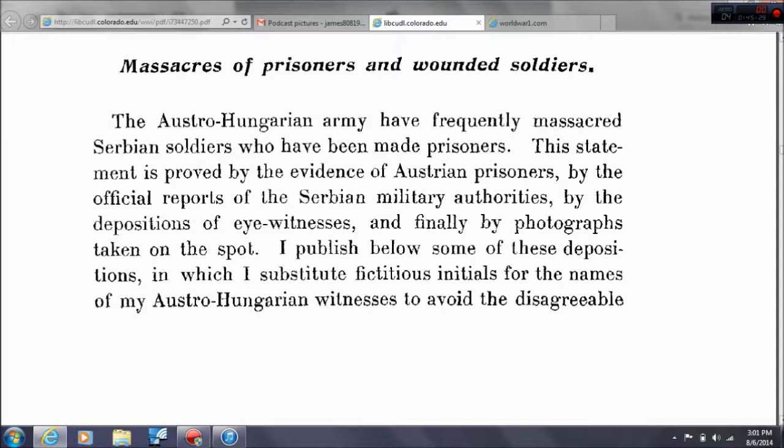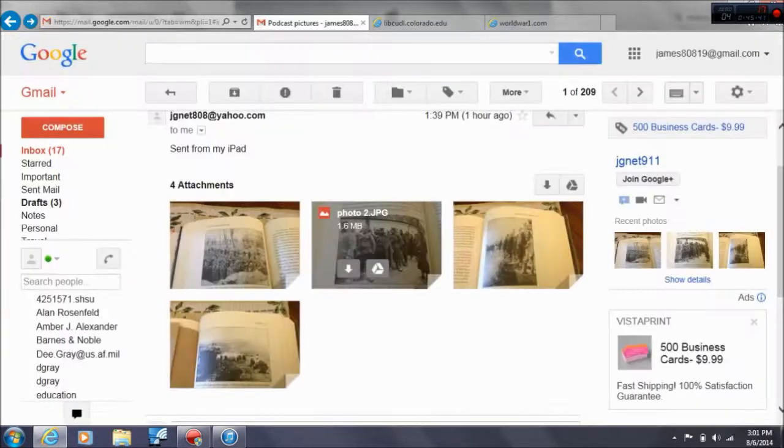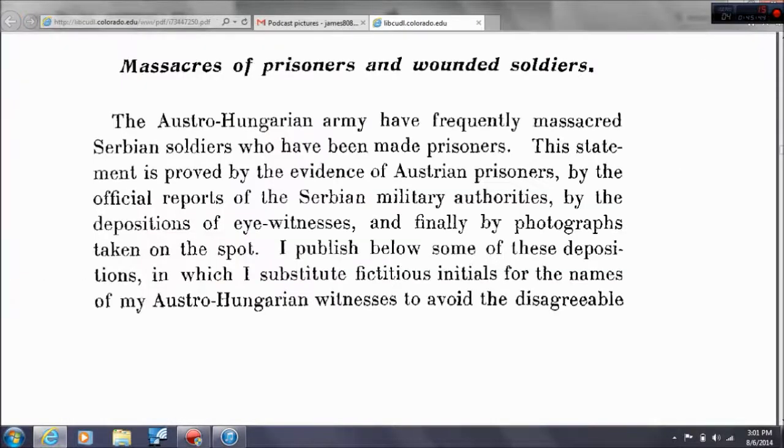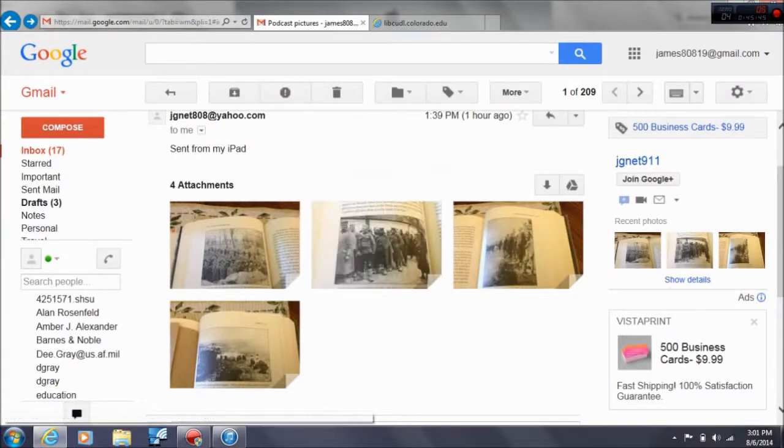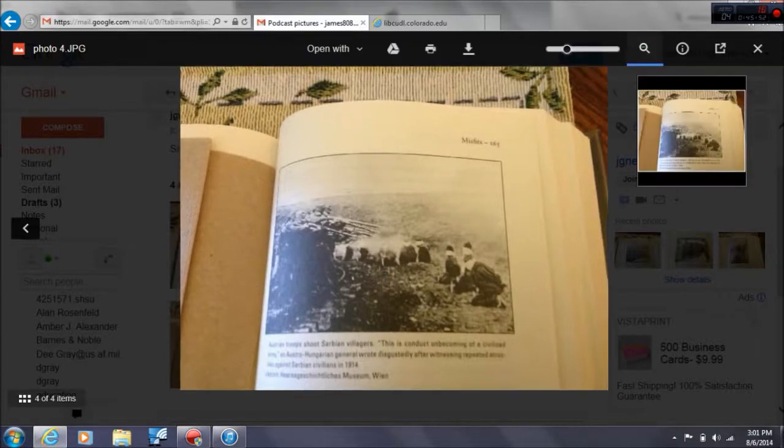Rice noted that not only were killings of Serbian POWs common, but also massacres of civilians, which he kept statistics on. If I want to pull up the image, this part's not necessary anymore. Let's see. I think what you're looking at here is the execution.